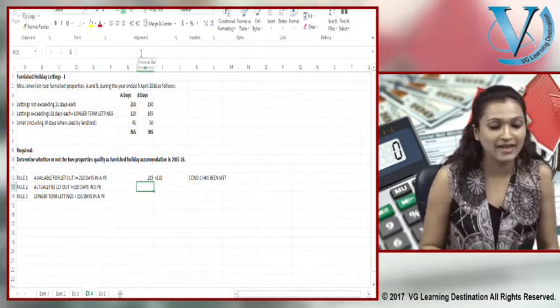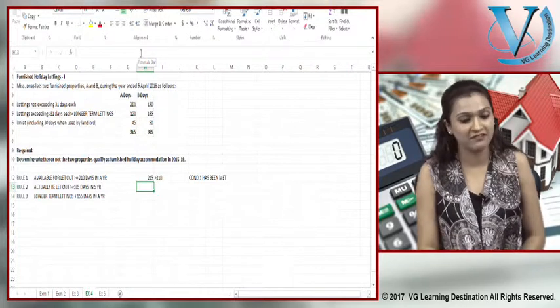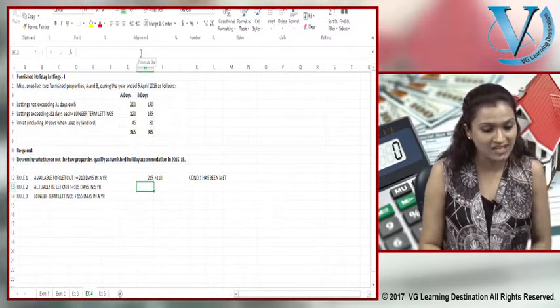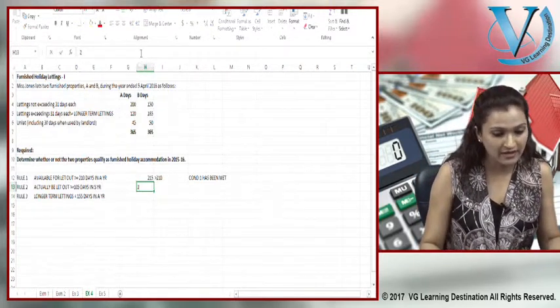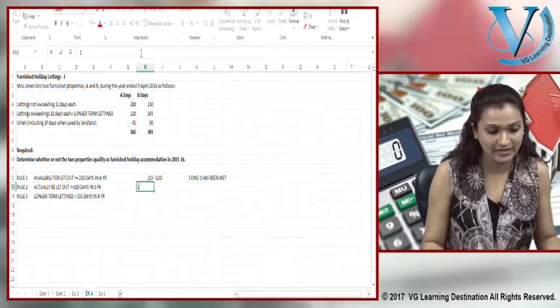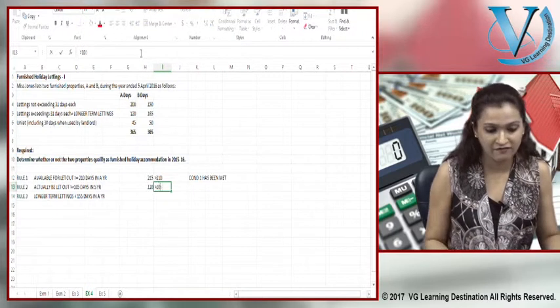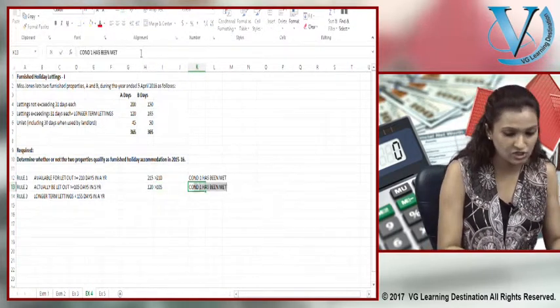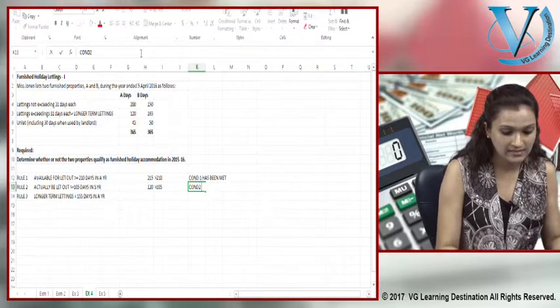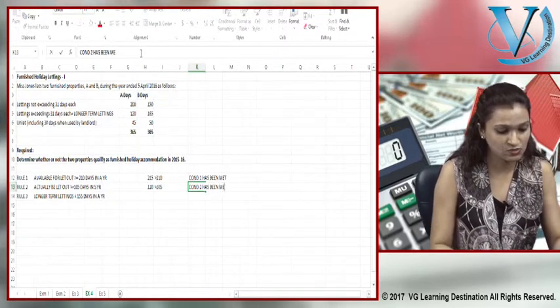It is actually let out for greater than or equal to 105 days. This property A was actually let out for 120 days, which is greater than the required 105 days. So definitely condition 2 has been met as well.